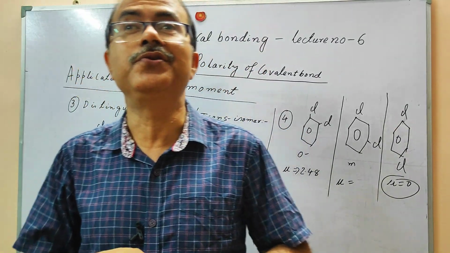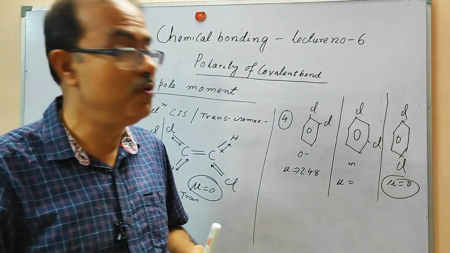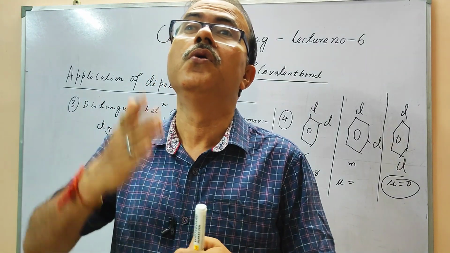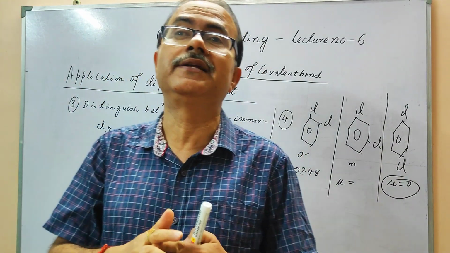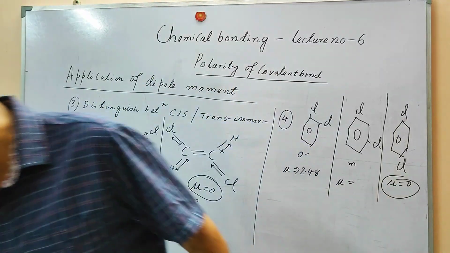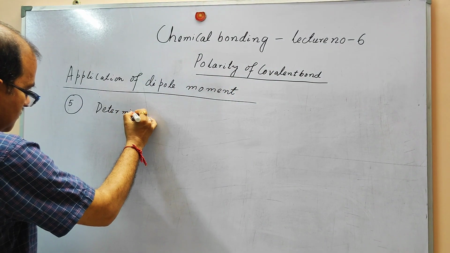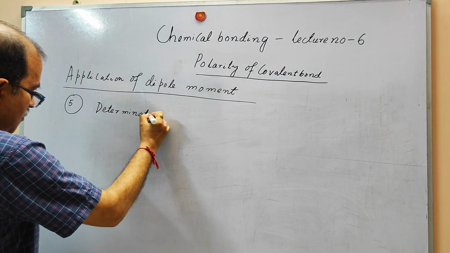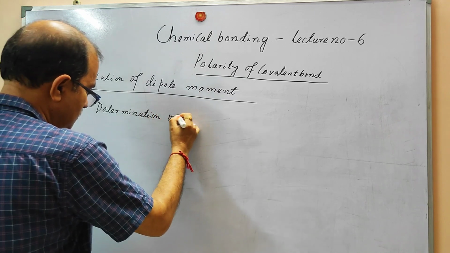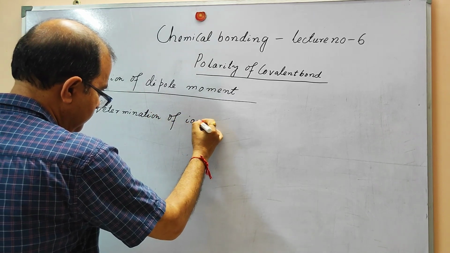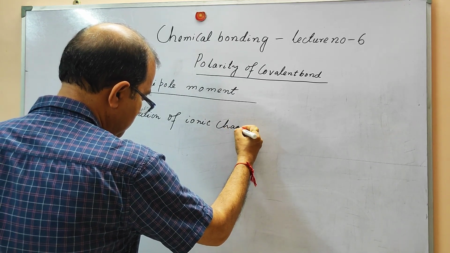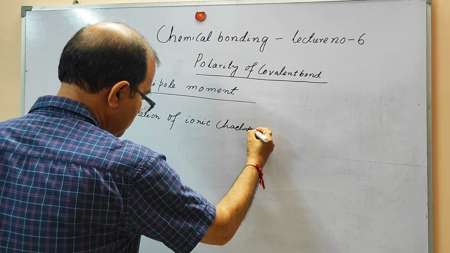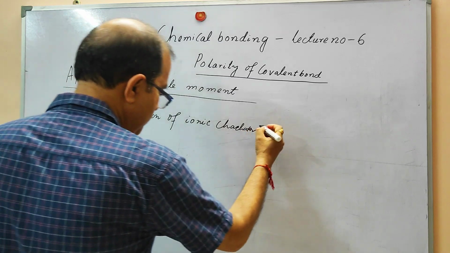Another thing we are going to discuss is that from the dipole moment we can find the percentage ionic character in a covalent bond.